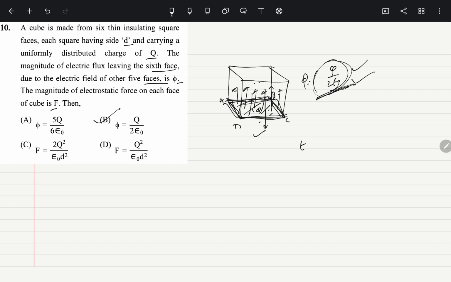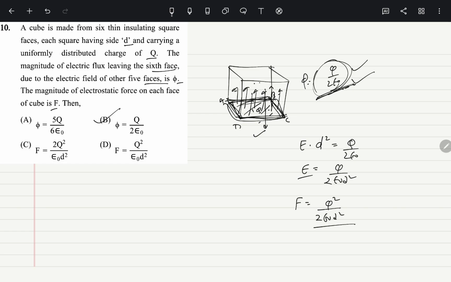So from Gauss law, E into the integral of dA, which is d square, is equal to the flux, which is Q by 2 epsilon naught. So the electric field present on this face is Q by 2 epsilon naught d square, and because of the electric field, what is the force on this face? QE, which is Q square by 2 epsilon naught d square.